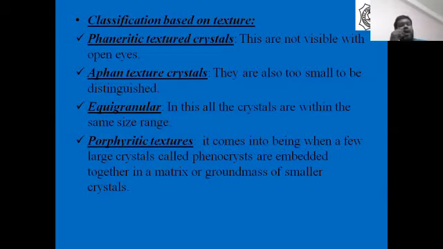Number two is aphanitic textured crystals. They are too small to be identified without the aid of a microscope, so without the help of a microscope you cannot identify this type of crystals.